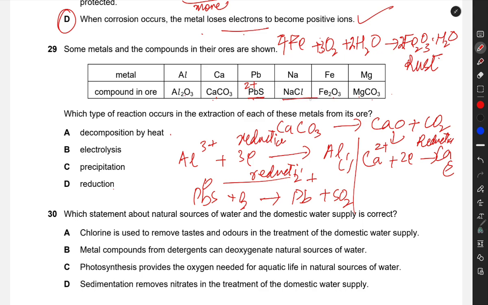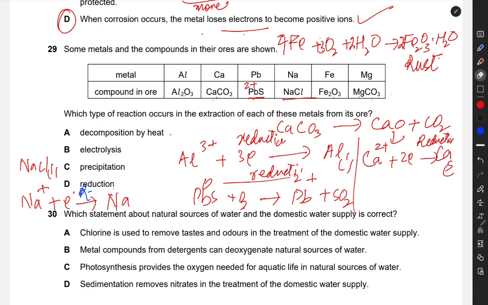Similarly, sodium chloride through electrolysis gives sodium in molten form, Na+ gaining an electron, which is also reduction. So in all cases a reduction reaction takes place.